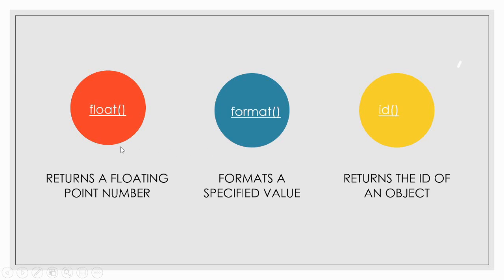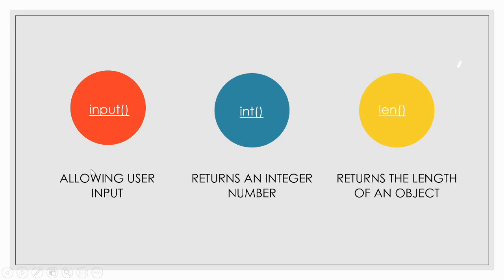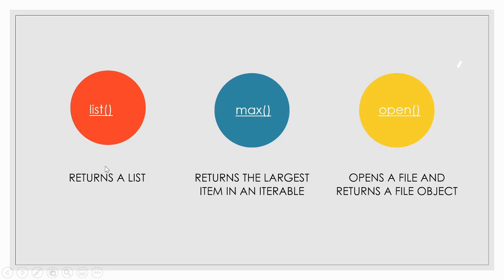Float returns a floating point number. Format formats a specified value. ID returns the ID of an object. Input allows user input. Int returns an integer number. Len returns the length of an object. List returns a list. Max returns the largest item in an iterable. Open opens a file and returns a file object.